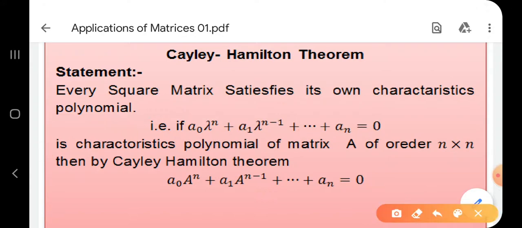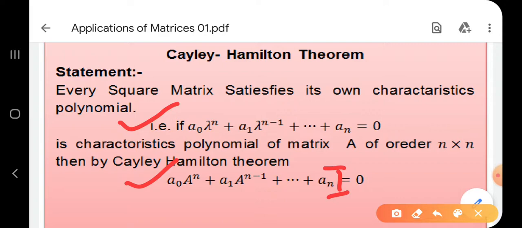So here in general we write, suppose my equation is for order n, a0 lambda raised to n plus a1 lambda raised to n minus 1 plus dot dot dot an equal to 0, then put lambda equal to A, you will get Cayley Hamilton theorem: a0 A raised to n plus a1 A raised to n minus 1 plus dot dot dot an into identity matrix is equal to 0.